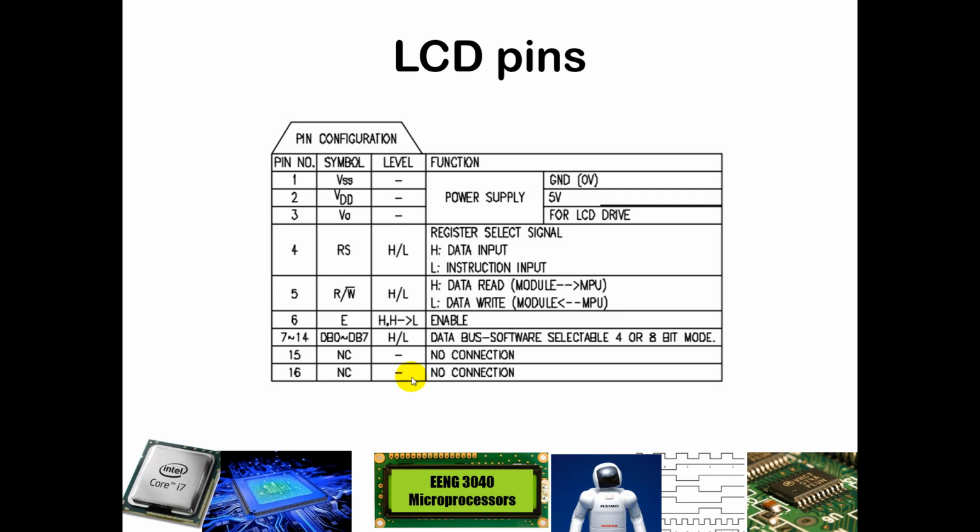But that's the basic structure of almost any LCD module you're going to see: you have some instructions or some data coming in, and then you're telling it whether it's instructions or data using your RS pin, and then you're telling it that you're writing using the RW pin, and then you have an enable, which is looking for an edge. So you're setting an edge, a low to high transition, which in this case clocks in the next instruction or the next data.